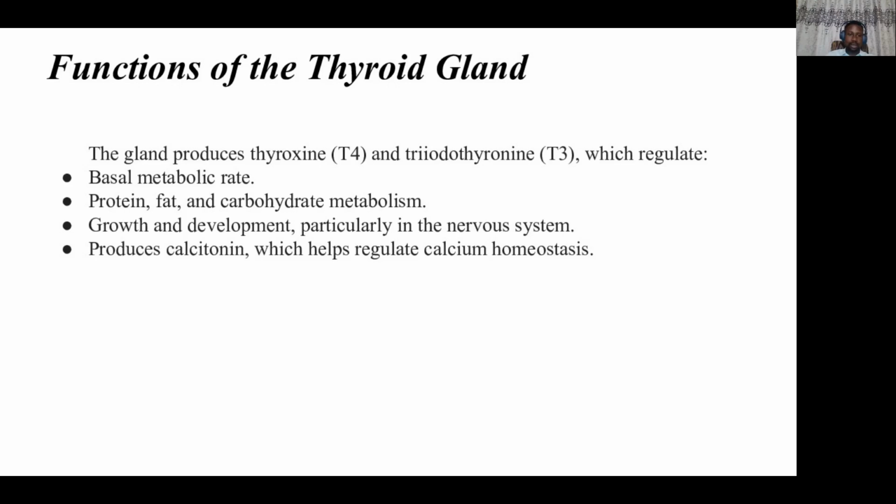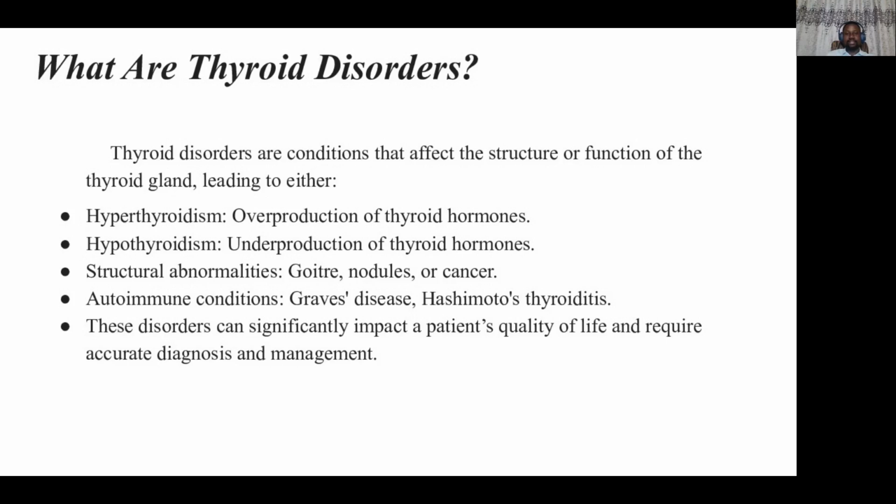Now, what are thyroid disorders? The main discussion for tonight. Thyroid disorders are conditions that affect the structure or function, or both, of the thyroid gland, leading to hyperthyroidism, which is the overproduction of thyroid hormones; hypothyroidism, the underproduction of these hormones; structural abnormalities like goiter, nodules, or cancer; and autoimmune conditions like Graves' disease and Hashimoto's thyroiditis, and so on.